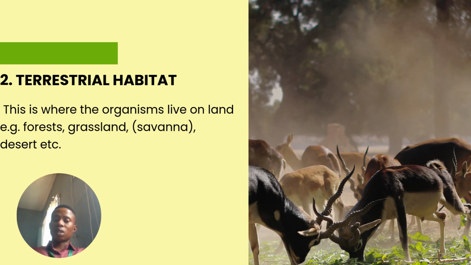We have the terrestrial habitats. This is where the organism lives on land. Examples of organisms that can live on land are the dog and the goat. Examples of land habitats are forests, grasslands, deserts, etc.